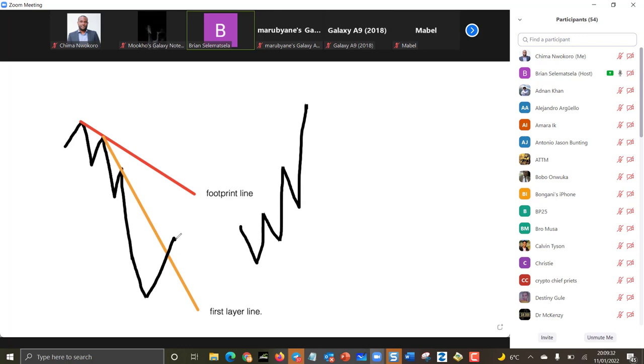After it breaks, as we know that the market doesn't move in a straight line, it will eventually retest. As it retests, that's when the stochastic comes into play, so that we can start executing.